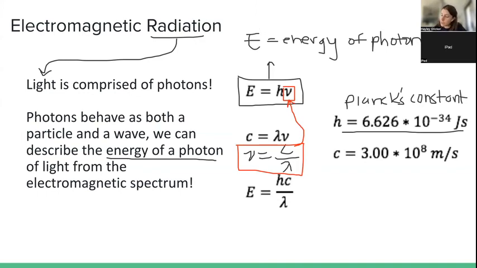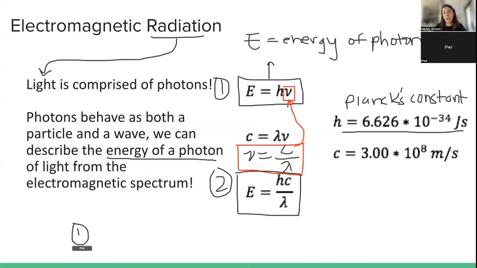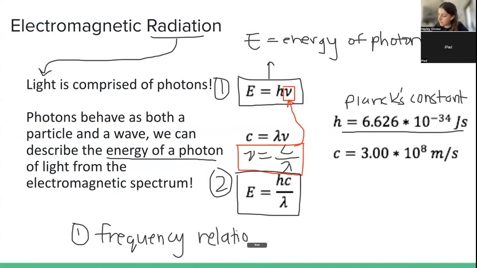So we have two different ways to express the energy of our photon. The first way is if we're given our frequency, so it's our frequency relationship. And our second equation is our wavelength relationship.